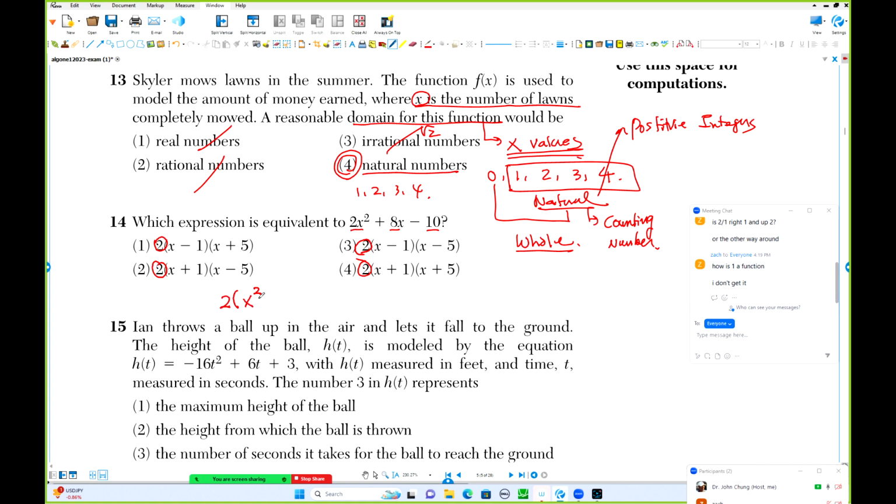Inside the parentheses, x squared plus 4x minus 5. Now you can factor this one. The sum of two numbers is 4 and the product is negative 5. That is 5 and negative 1. So choice 1 is the answer.